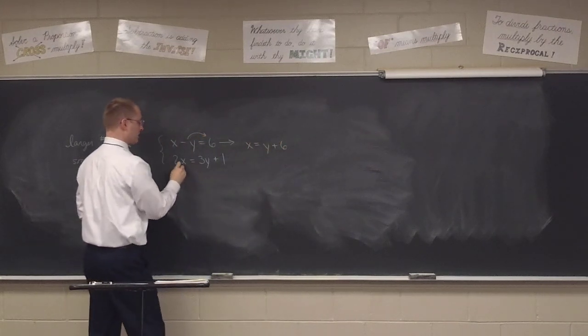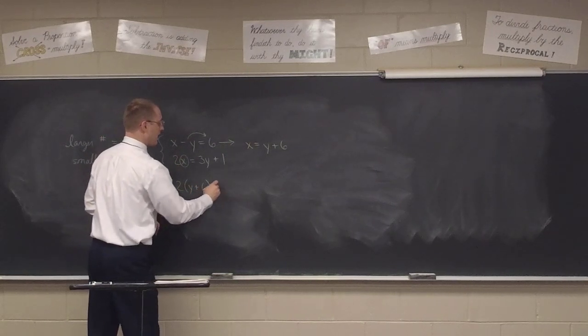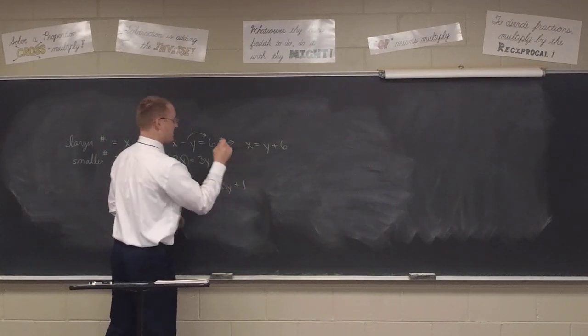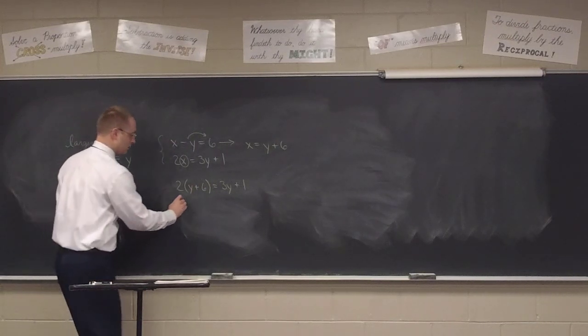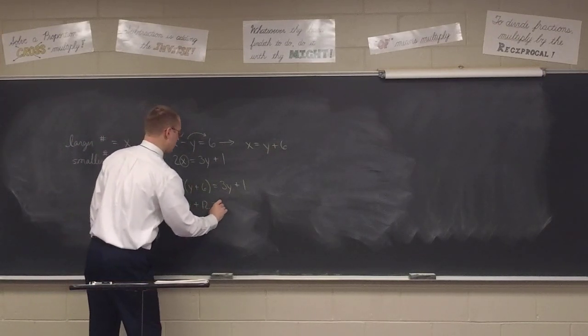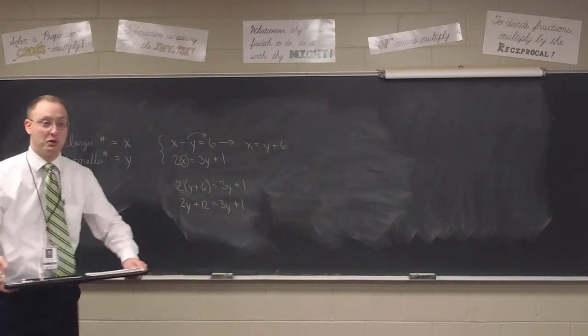Move the y over to get y plus 6. And then in for the x, you plugged in the y plus 6. So 2 times y plus 6 equals 3y plus 1. I'm following you now. All right, and then what? Let's see if we can do this in one step, Maddie. We need to do 2 things at the same time.